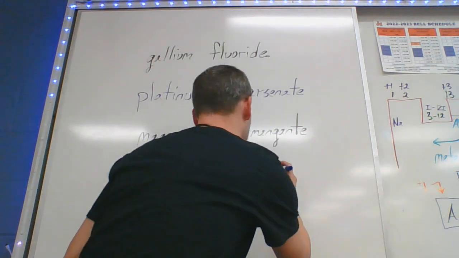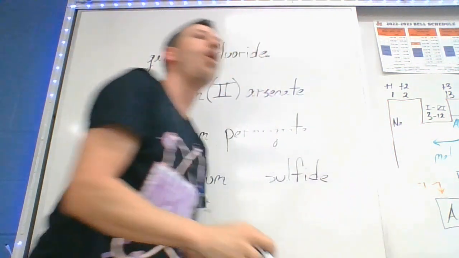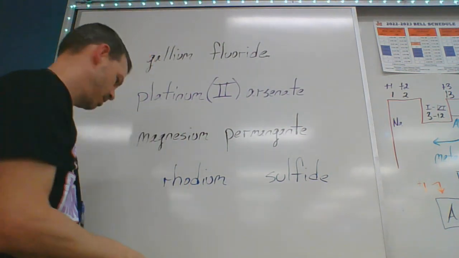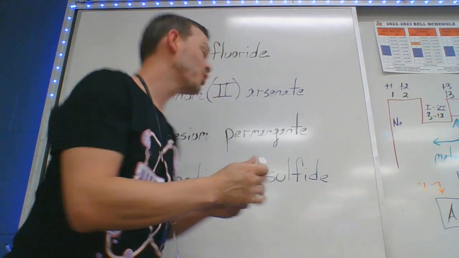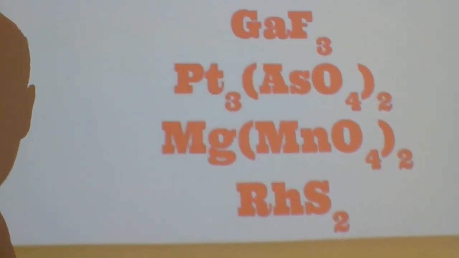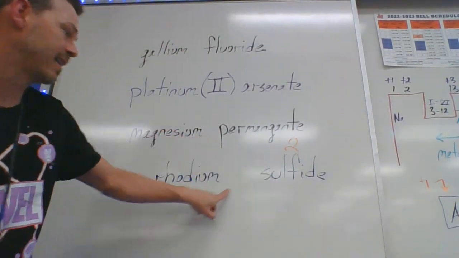Watch. You see how the other half of him is sulfide? What is sulfur's charge always? -2. Sulfur's charge is always 2. But look, rhodium doesn't have a 2. It's got nothing. What is the only thing that would block sulfur from crossing this 2?